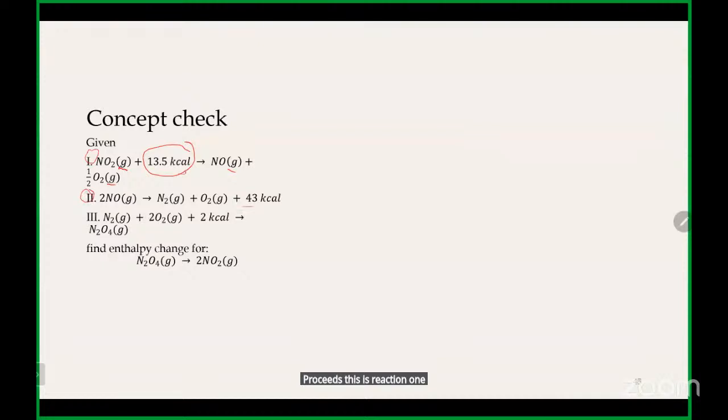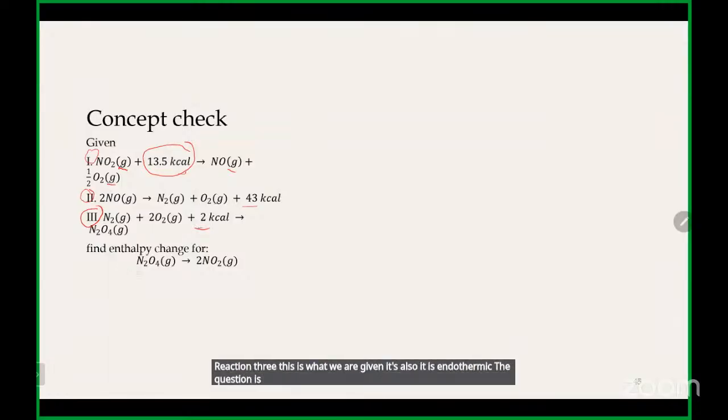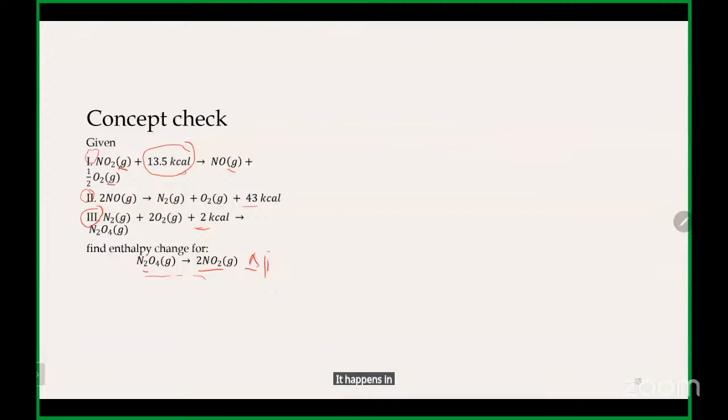That one is exothermic. Reaction 3. This is what we are given. The question is, find the enthalpy for the conversion of N2O4 to 2NO2. This is a rearrangement reaction. So the question is, what is the delta H for this process?